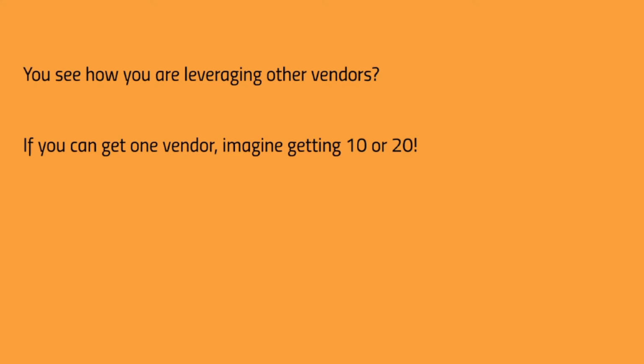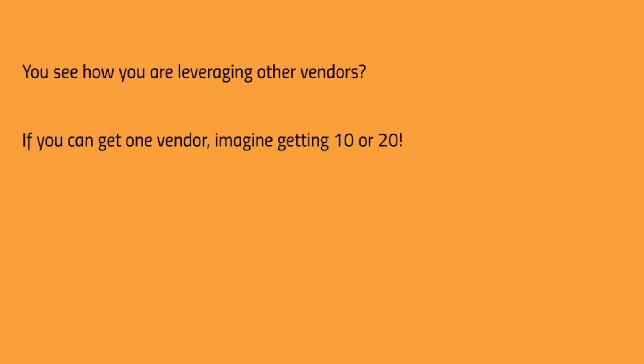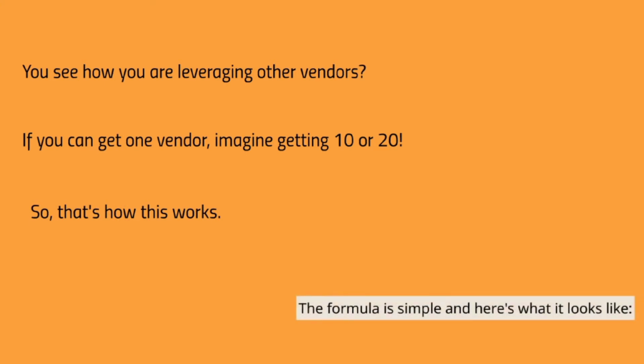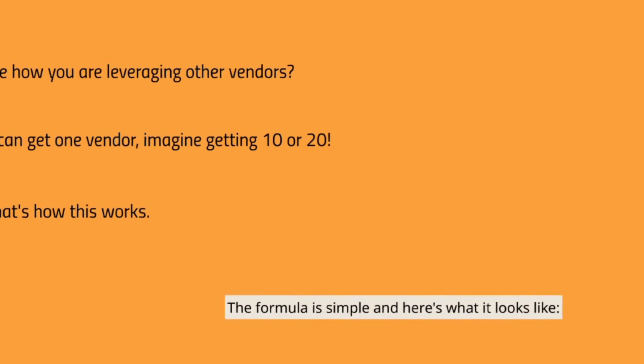So imagine getting 3 or 5 subscribers from each vendor. You could have anywhere from 10 to 50 different people coming to your list every single day. And these are people that are customers. So soon you will have a list of 100 people, and these 100 people will convert at a higher rate as long as you provide them with high value. So this is basically how this works, and the formula is pretty simple.